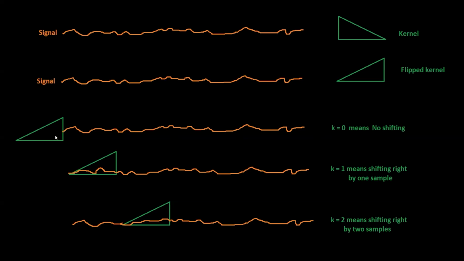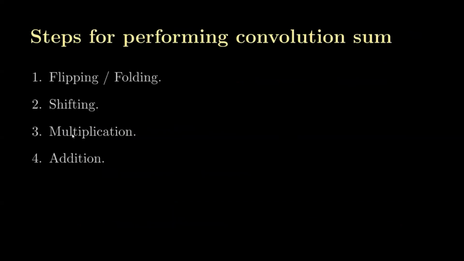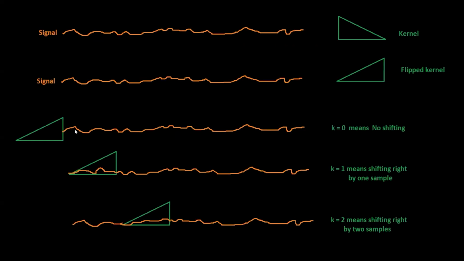At this point, only one sample of the kernel overlaps with one sample of the signal. If you remember from the convolution equation, the process starts when k equals 0. The variable k represents the amount of shift. So when k equals 0, there is no shift. The flipped kernel is just placed over the signal without moving it.